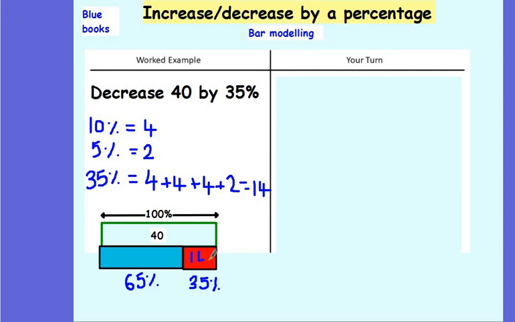Here's my 14. I'm getting rid of it this time. So the bit that's left is 40, take away 14, which leaves me with 26.